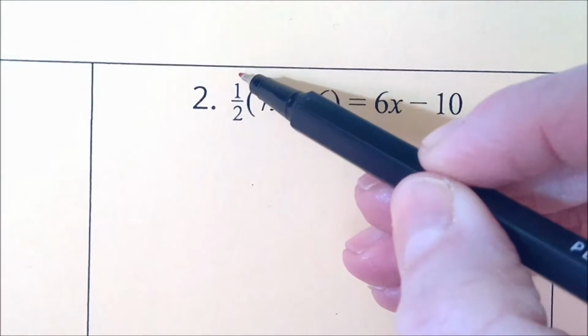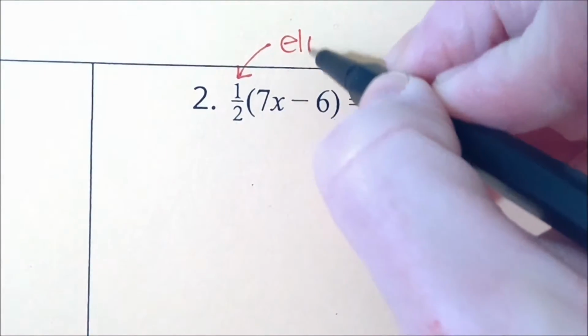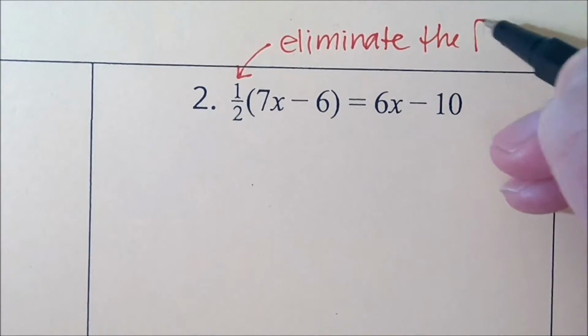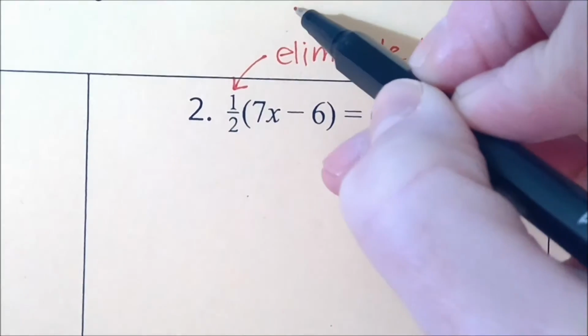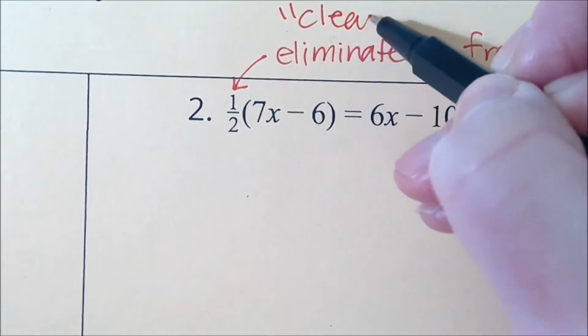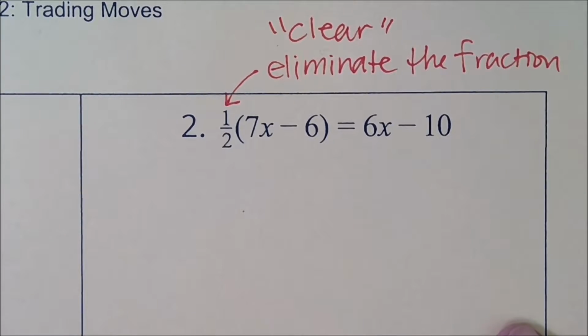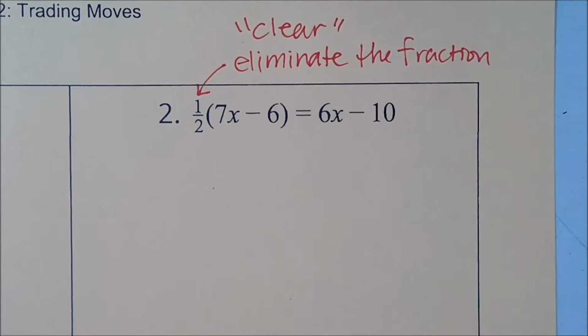What we're going to do is eliminate the fraction. Technically it's called clearing the fractions. You'll hear people say clear the fractions. That just means get rid of the fractions. So we're going to clear that fraction.